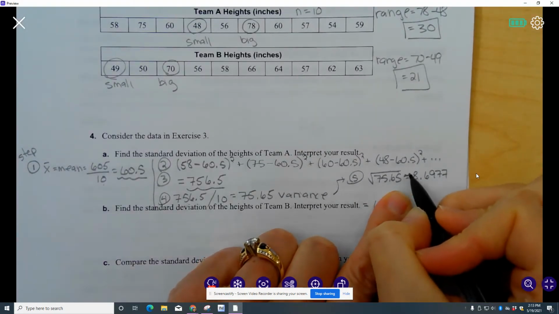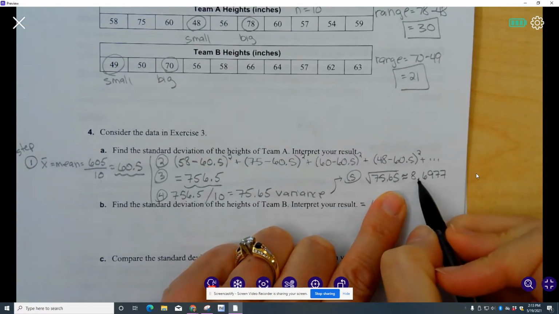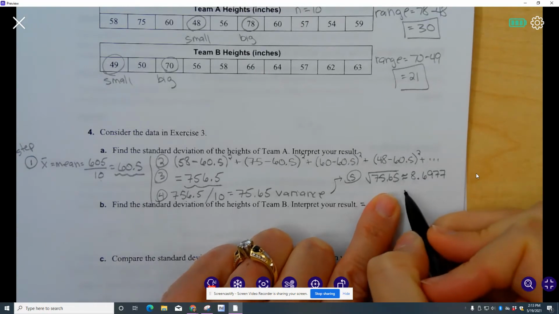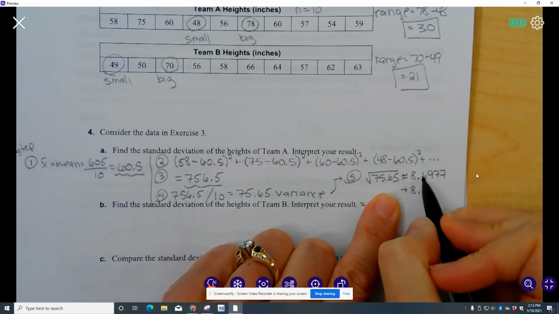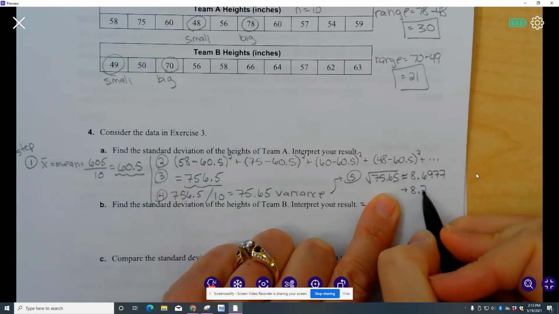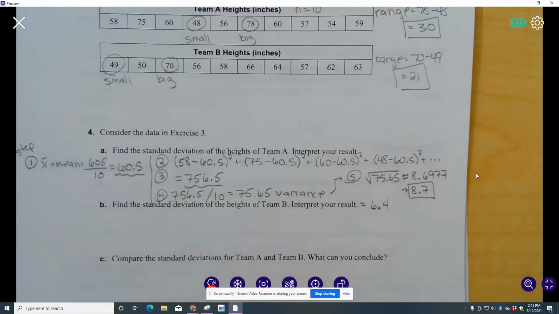So remember, we're approximating. So I'm going to round this to the 10th, the first decimal place. So I'm going to call that 8.7. So my standard deviation is 8.7. It's a lot of work, but hopefully our list won't be this long.